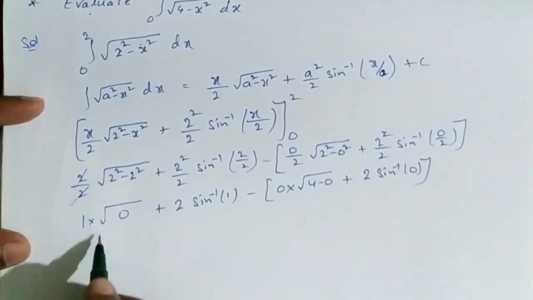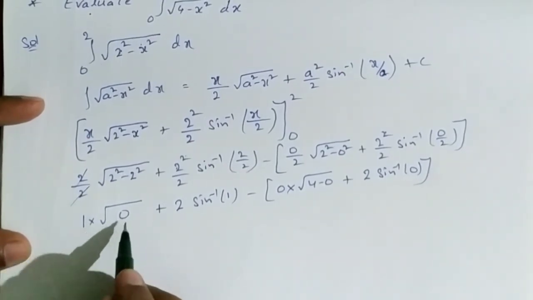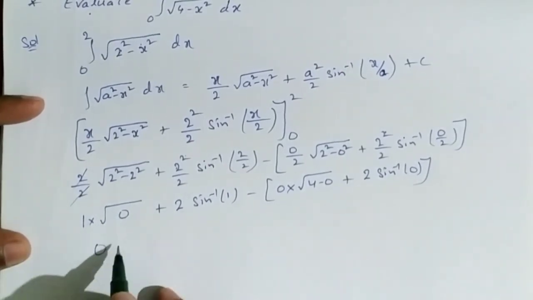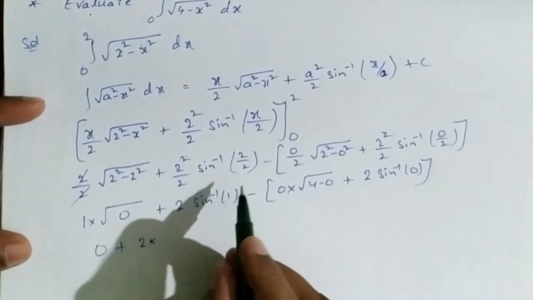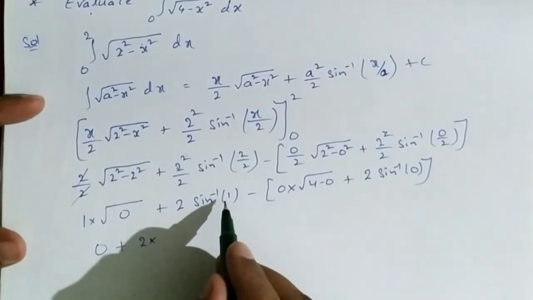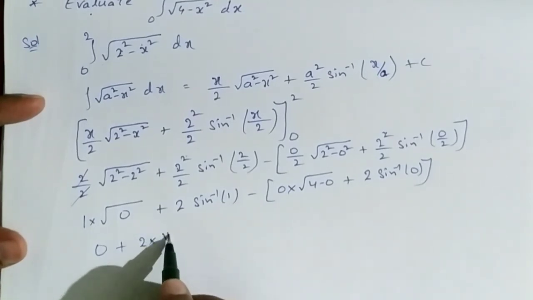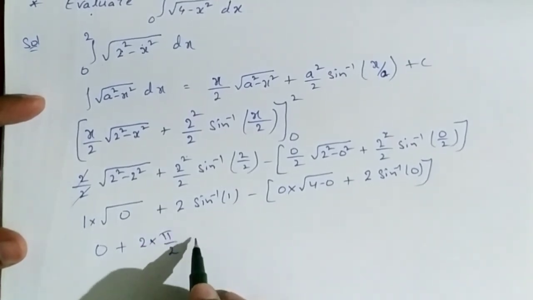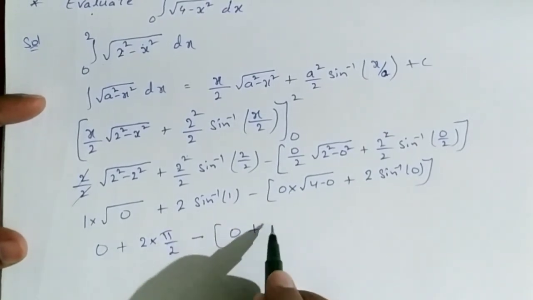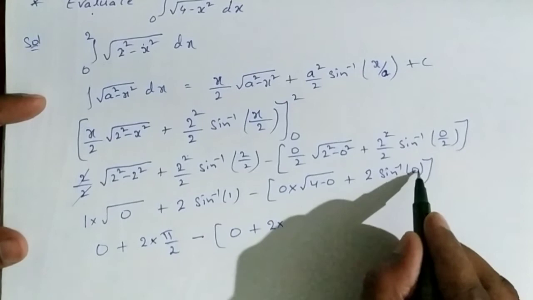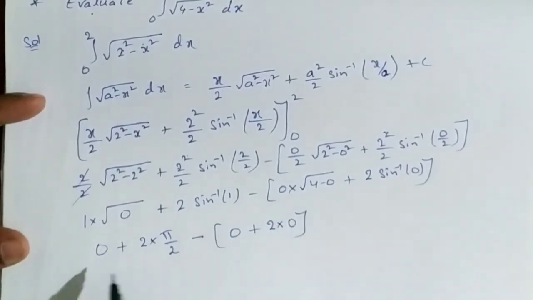Sin inverse 1 is nothing but 90 degrees, because in the sin table 1 we get at 90 degrees, so that I am taking here, minus 0 into something is 0, plus 2 into, in the sin table 0 we get at 0 degrees, so 0 here.